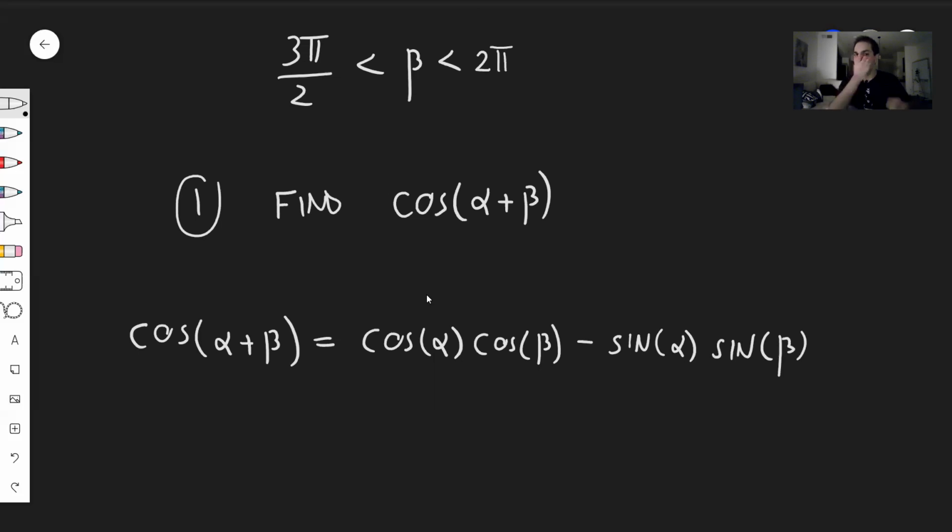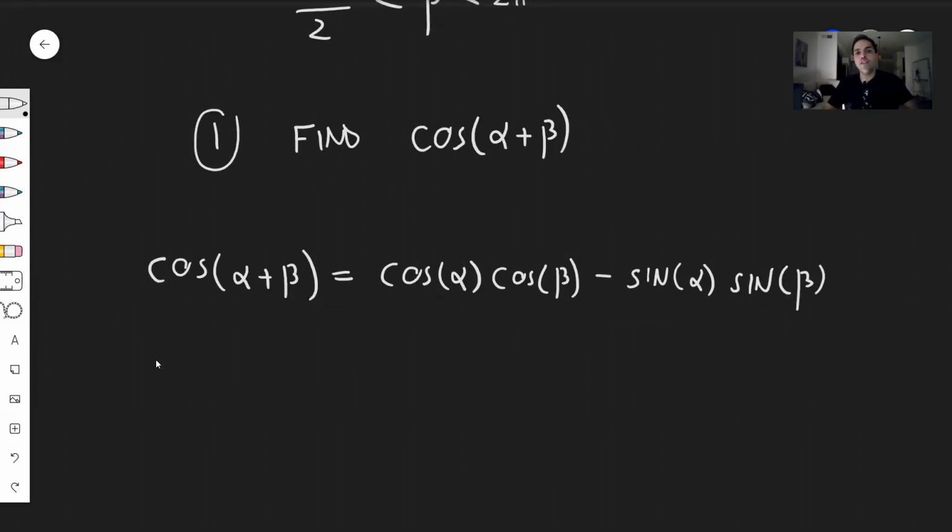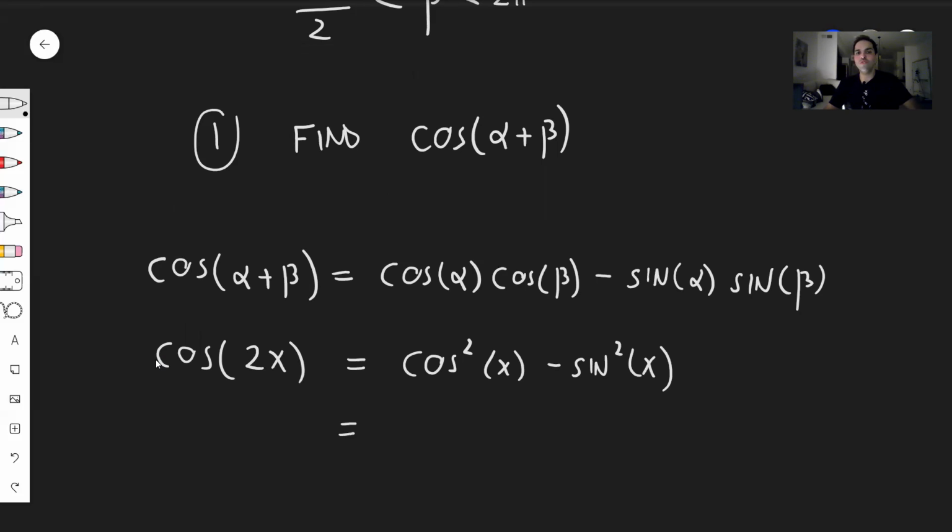Now, on the exam, this formula will be given, but in case you do want to learn this, the way I remember this is as follows, because if you know cosine of 2x, that is cosine squared of x minus sine squared of x, which we'll learn soon, but that's just cosine of x cosine of x minus sine of x sine of x.